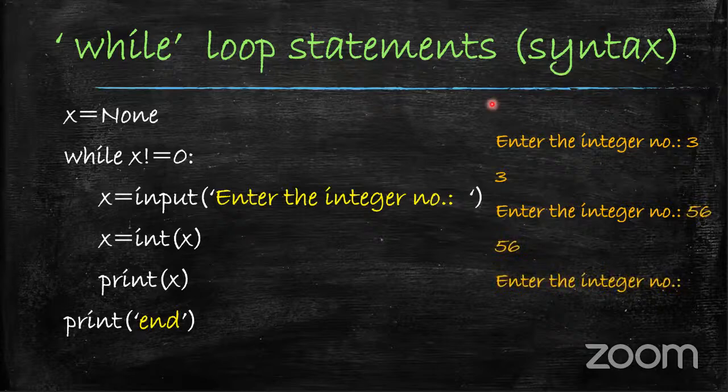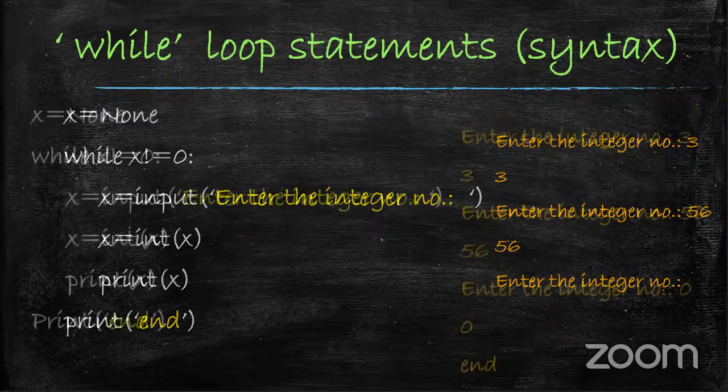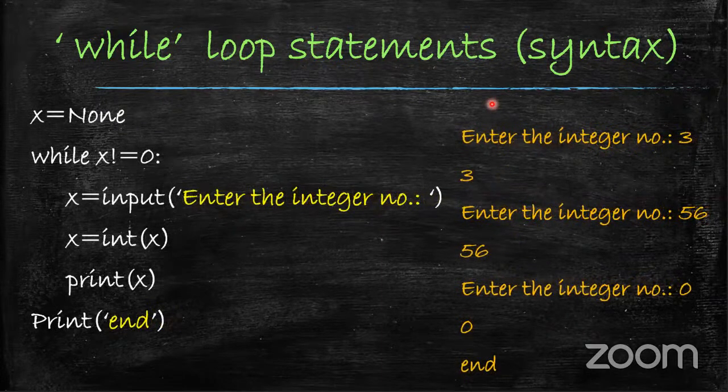Again it will print the statement, enter integer number. Now suppose we enter 0, then it will print 0, and again it will go back to the while statement and see that now x is equal to 0, so the condition is false. So it will come outside of the loop and print the statement to end. Is that okay? Yes, sir.